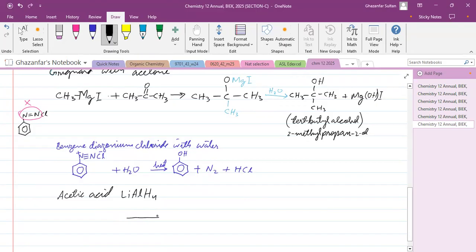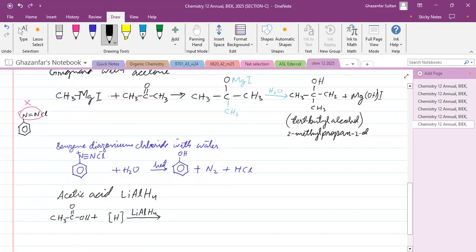Whenever we write an equation with any reducing agent, in organic reactions we prefer to write only hydrogen here because they provide atomic hydrogen. And at this intermediate level, we do not go into detail of the mechanism.